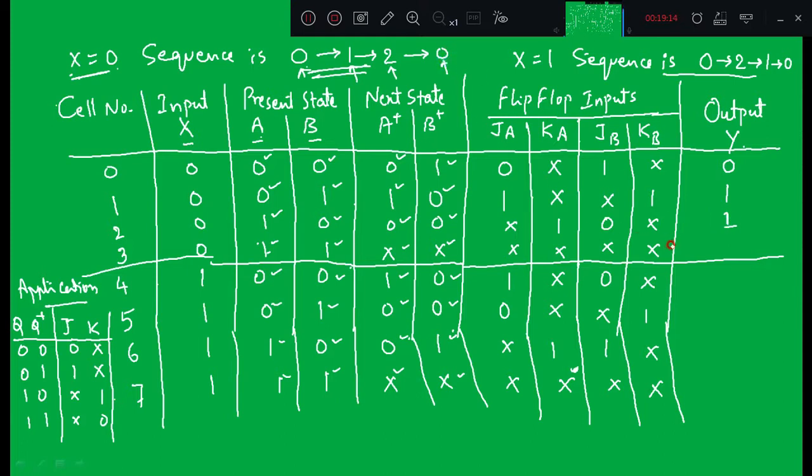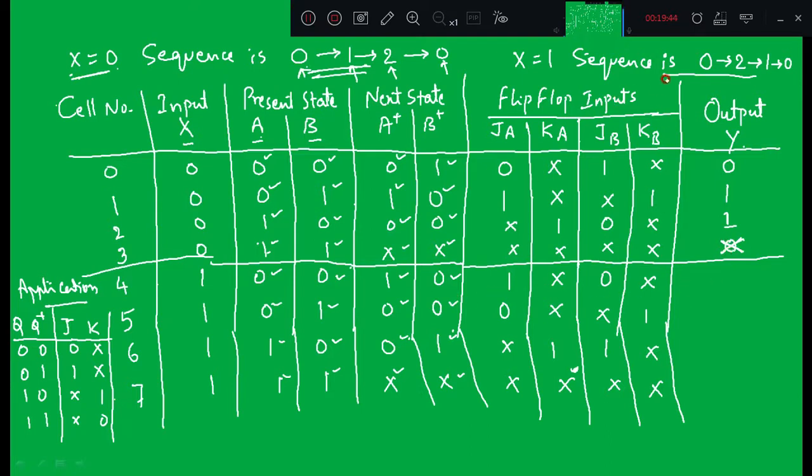Again the fourth state is 0, and you don't have a state which is 3, so you put don't care instead of 0, because we can get a simplified Boolean expression if you put don't care, since don't care can be combined with 1. So don't put 0 here, put don't care.